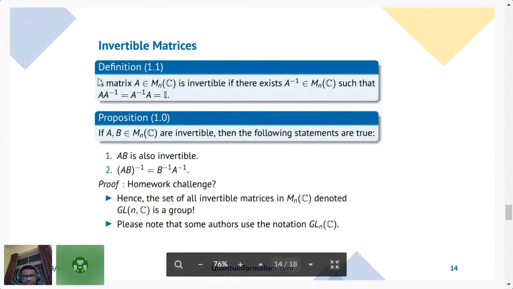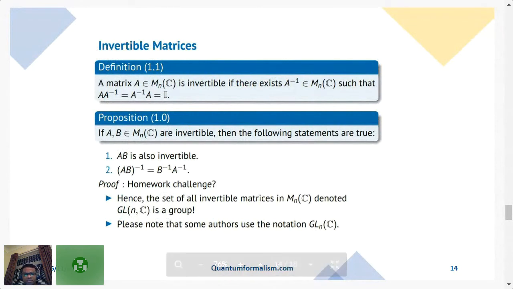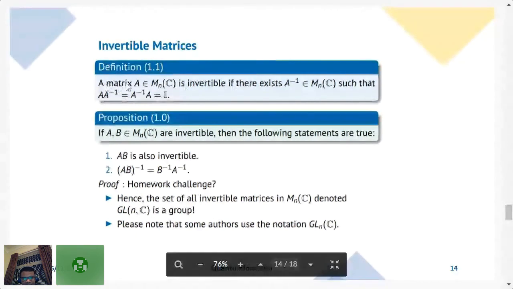So, invertible matrices, just like we've seen. This is a more concrete notion of invertibility of an operator, really. Given a matrix in Mn of C, it is invertible if there exists another matrix, which we call A to the power of -1, the inverse matrix, such that the product between them yields the identity matrix that we just saw before.